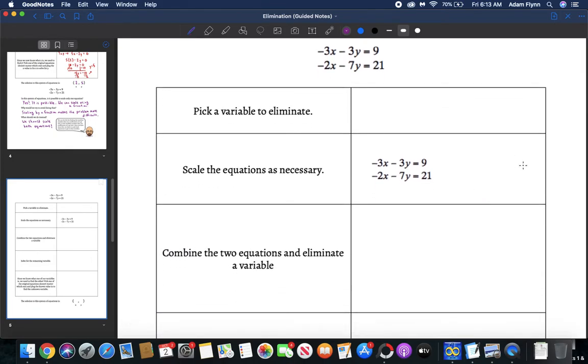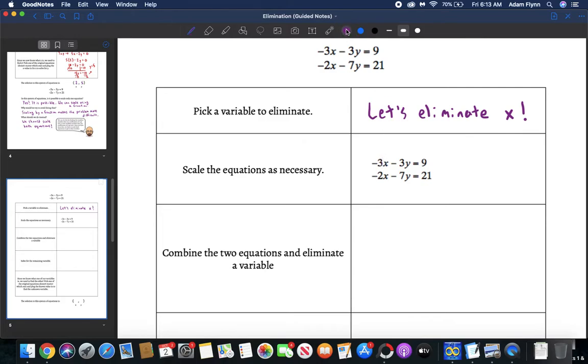It really doesn't matter what we do. How about let's try to eliminate x. If I try to eliminate x, I need to find the smallest number that is divisible by both 3 and 2.